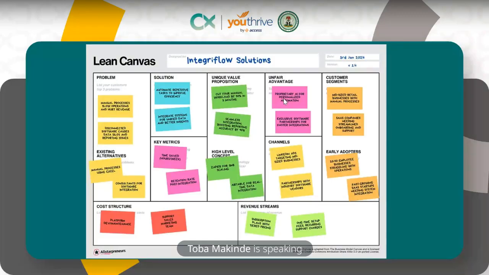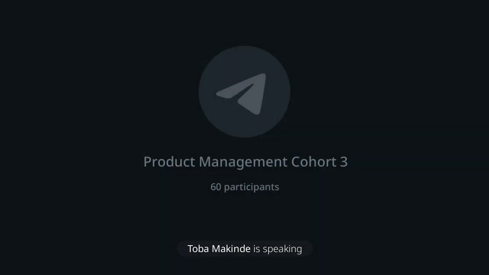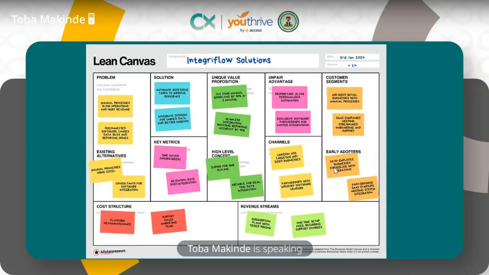Your customer segment, of course, your early adopters, your cost structure, what it will cost you to develop and to run your marketing and things like that. Revenue stream, how you plan to make money, whether through subscription, one time payment fee, recurring or support charges, or commission and stuff like that.